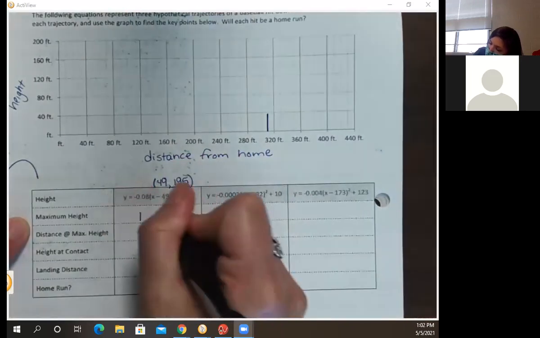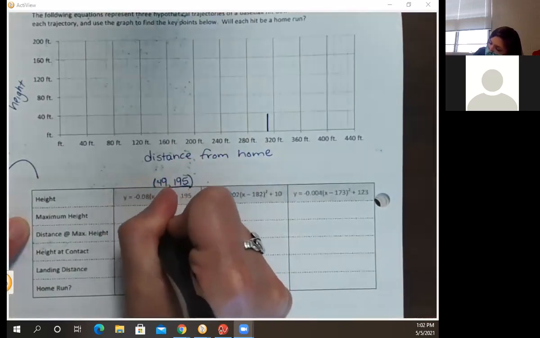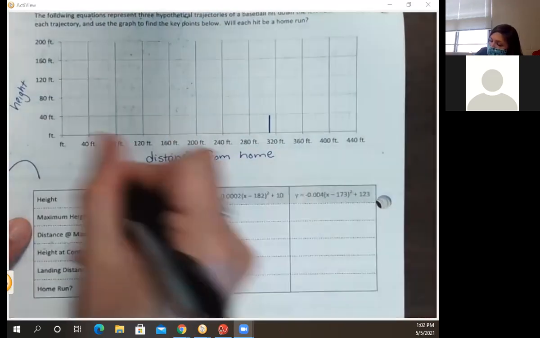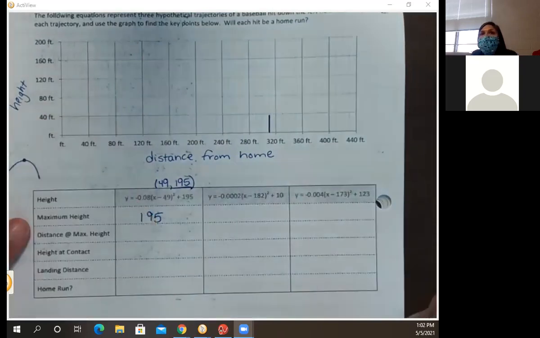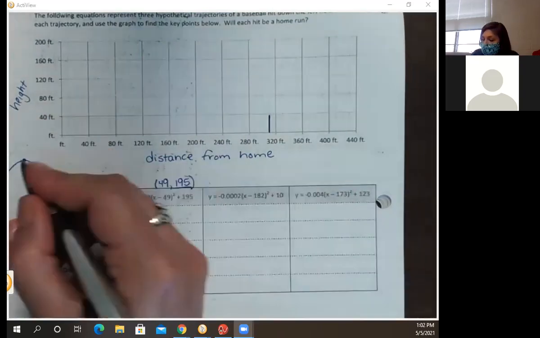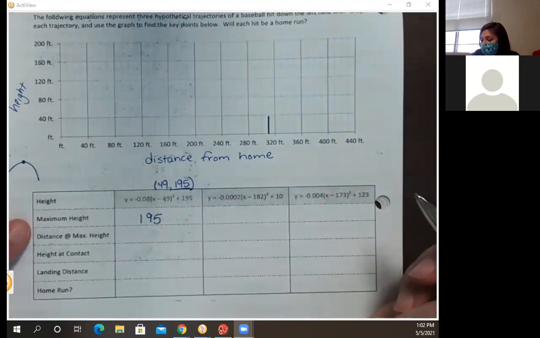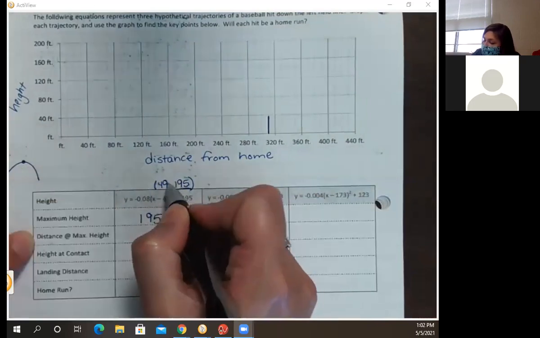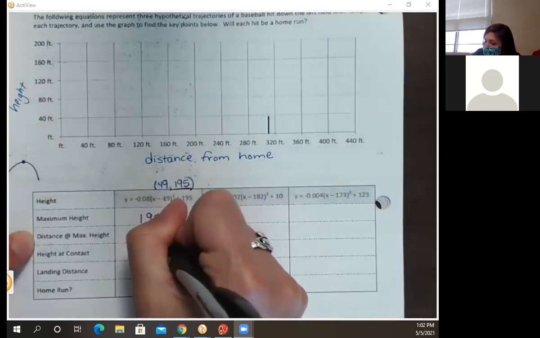The maximum height for this ball would be 195 feet. Remember, my vertex is going to be the top of the path that the ball travels. When it hits that peak height, it's going to be 49 feet from home plate.